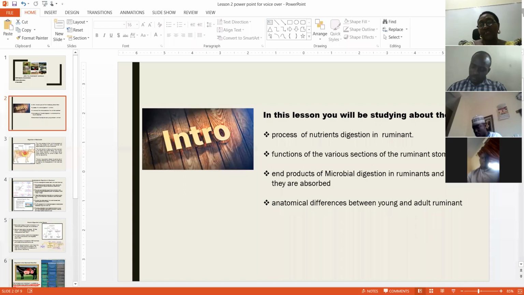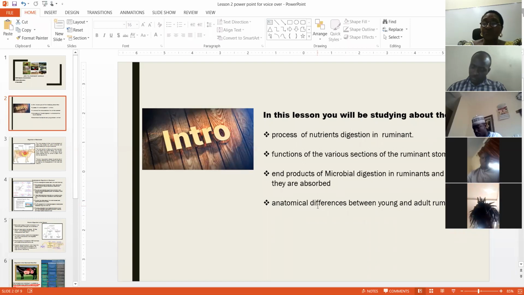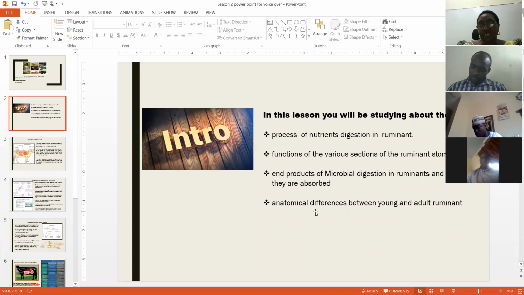It's quite interesting to note that when a ruminant is born, the digestive system and process is very different from when it matures and becomes an adult. This is very different from what happens in the non-ruminants, such as man.